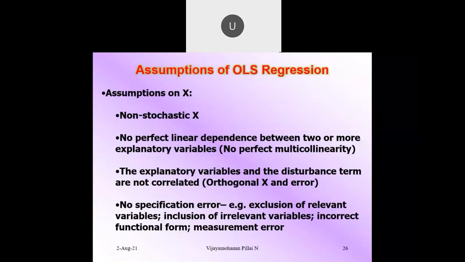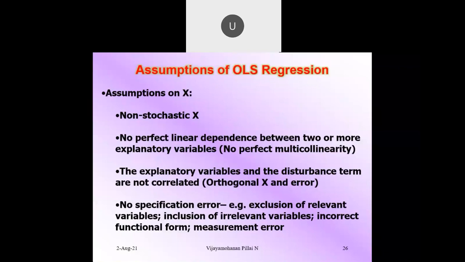Then finally, we have another assumption that there should not be any specification error. Usually, this specification error happens by excluding some relevant variables or including some irrelevant variables, or incorrectly specifying the functional form, or committing some measurement error.